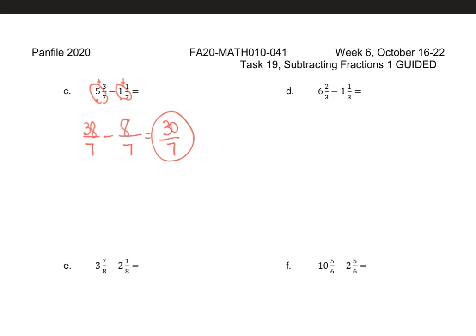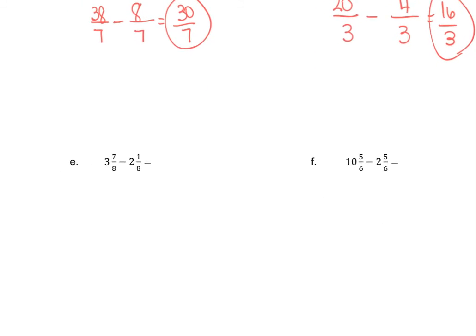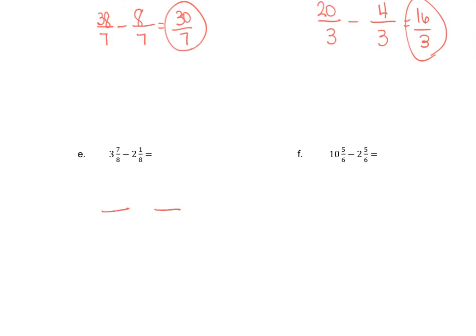No simplifying there. Here in letter D, I have 3 as my denominator. When I turn them from mixed numbers to improper fractions, I get 20 over 3 and 4 over 3, which gives me 16 over 3 after I subtract. For letter E, I know my denominators are 8.